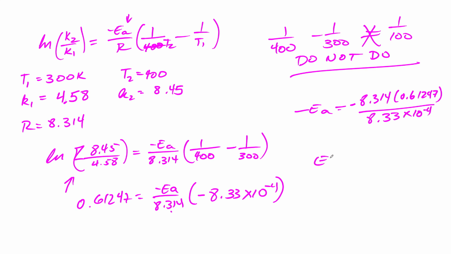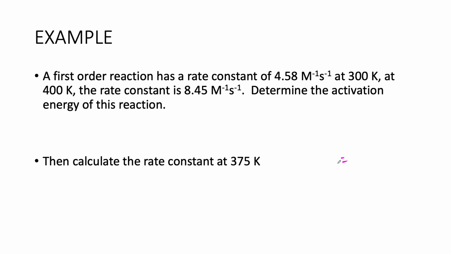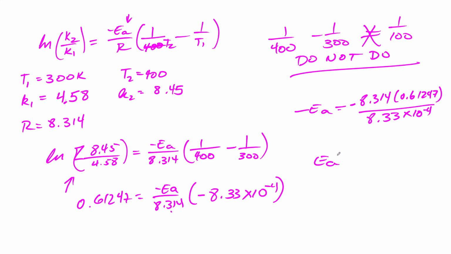Negatives cancel, so Ea is equal to 8.314 times 0.61247, and take that number and divide by 8.33 raised to the minus 4, and you should get an activation energy of 6,113 joules per mole. And that's how you solve that.